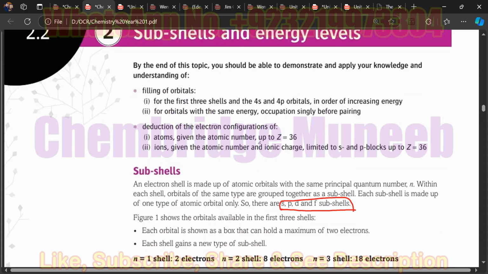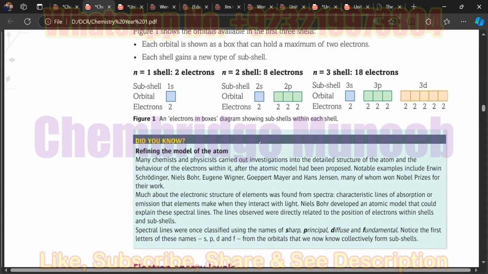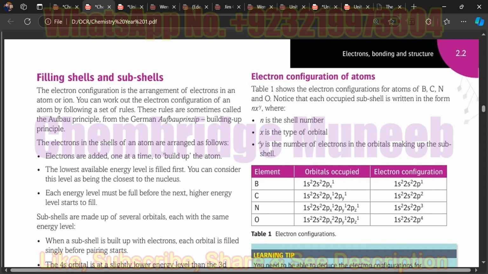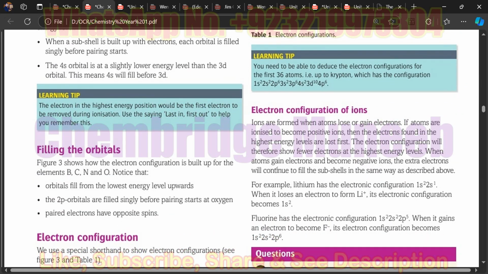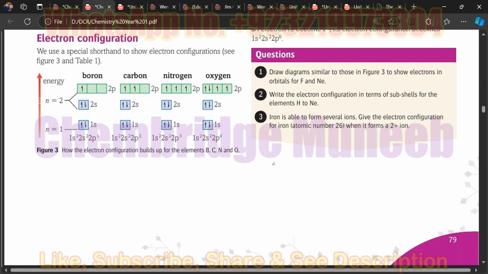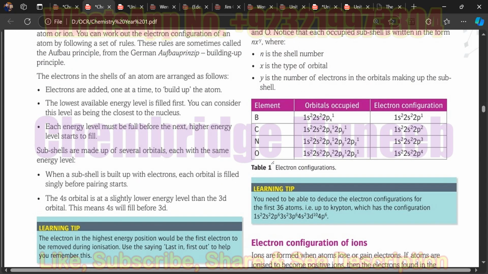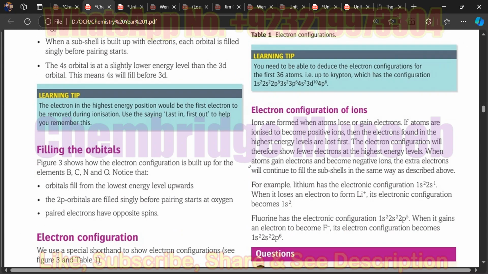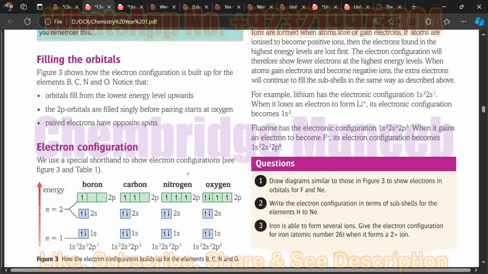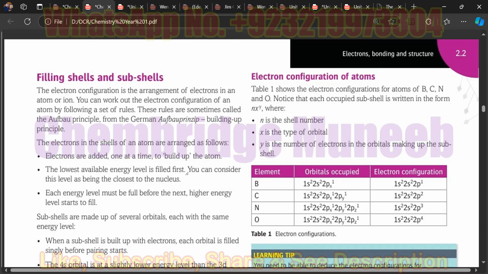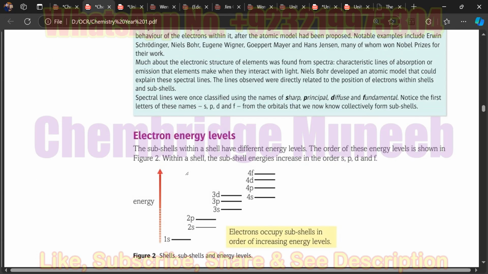I think I should show you the names because if we go towards the electronic configuration, there must be the names of the d subshell as well, but they have not shown them anywhere here. Okay, there are some differences between your board and the Cambridge, so that's what I'm looking at together.